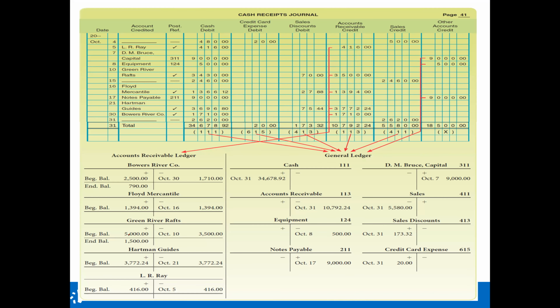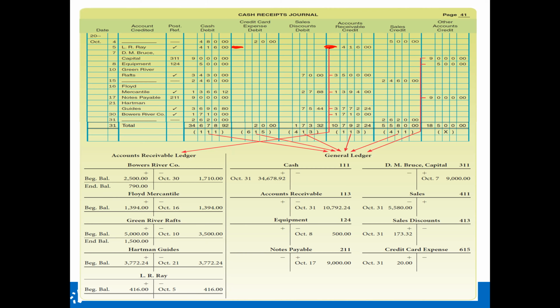And so it's got several different transactions. For example, on this one, it looks like this was an accounts receivable collection. Here we had the debit to cash, and then here we're going to have the credit to accounts receivable, right? So that one was an accounts receivable transaction.